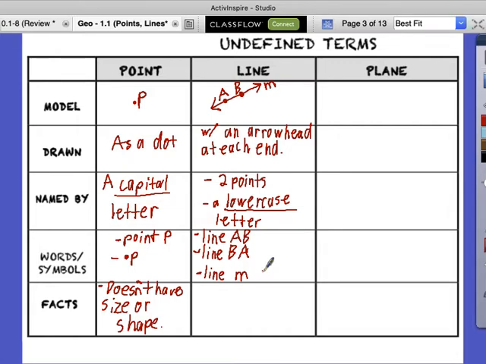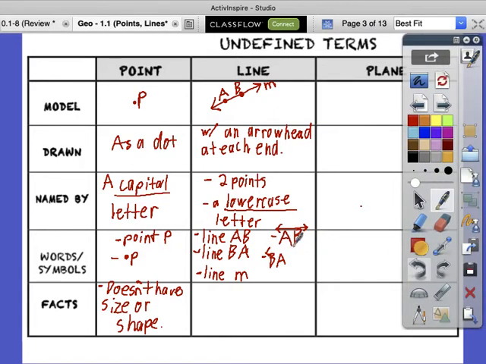Now if I were to do the symbols for these, line AB could look like this. You would do the capital A, capital B, and over top, you would draw a mini line. And this would read line AB. You read it the same way, whether it's written out or you use symbols. If you were to switch them around and do capital B, capital A, with a little arrowhead over top, that would be line BA.